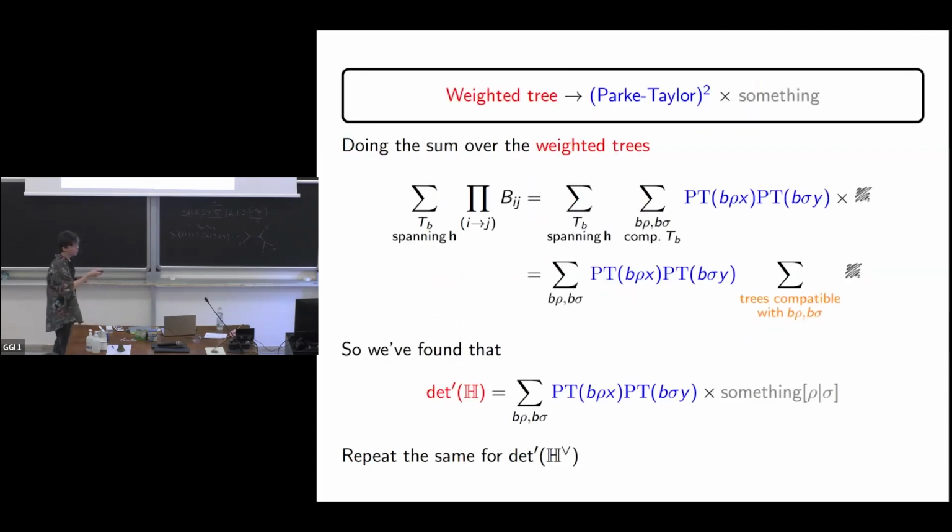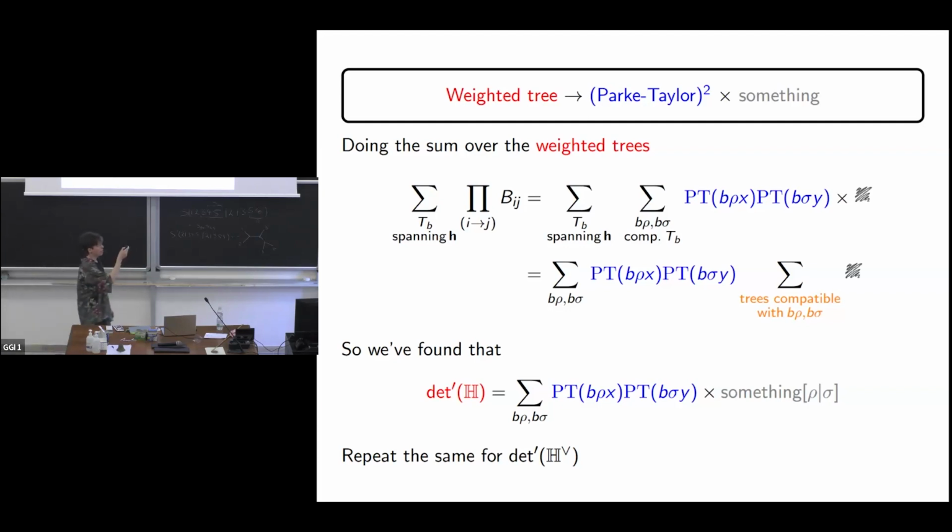So now let's do the sum over these weighted trees that I was talking about earlier. We have a sum over trees spanning the positive helicity gravitons for this Hodges determinant, and then a sum over all orderings compatible with this tree, and then these Parke-Taylor factors. But these are finite sums, so we can actually just swap summation. So we can sum over all possible orderings, and then sum over all trees compatible with those orderings with the same factor here.